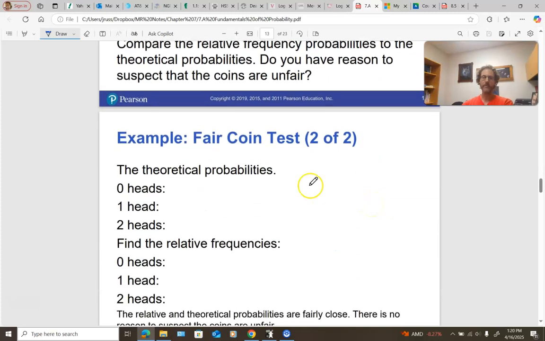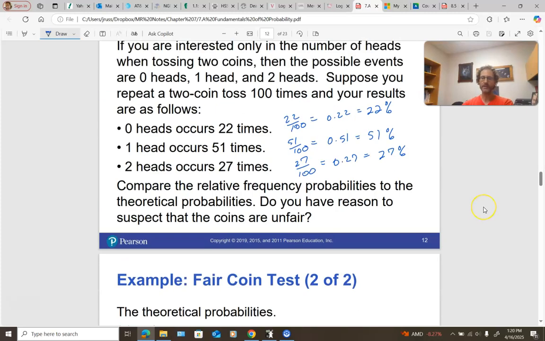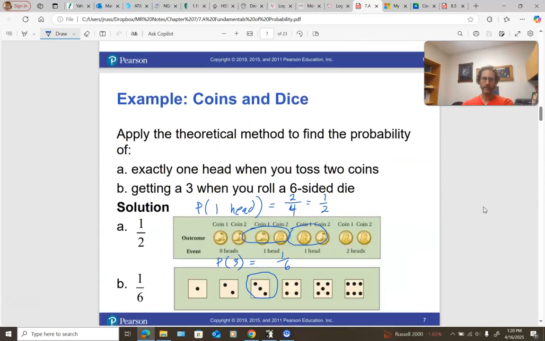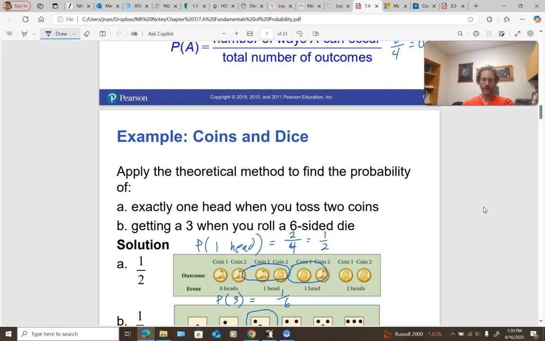So the theoretical probabilities, if you come back up here in your notes and look, 0 heads occurred 1 out of 4 times.